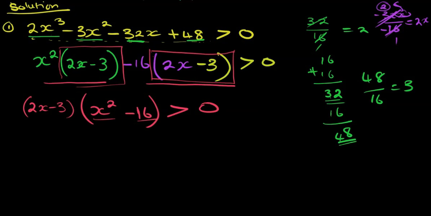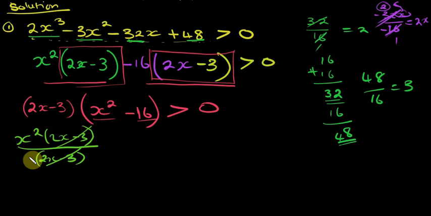How did we get minus 16 and x squared on their own? This is what we did. We performed the following operations. We took x squared times 2x minus 3 as our first term and divided it by the common factor, 2x minus 3. The 2x minus 3 cancel out, and we have x squared left on its own.